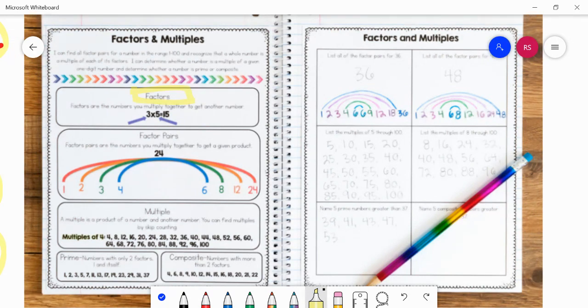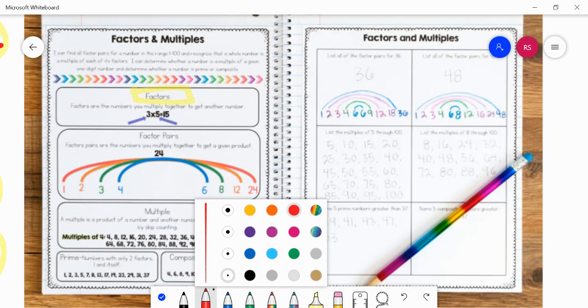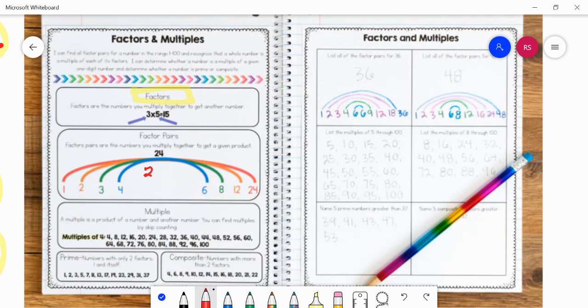Because when we multiply 3 times 5, we get 15, okay? Factor pairs are the numbers that you multiply together to get a given product. So let's say if we had the number 24, okay? Here's kind of like that rainbow method. Let me go back here for a second and make this a little smaller. We can do 24 times 1, and you see that with the red rainbow.